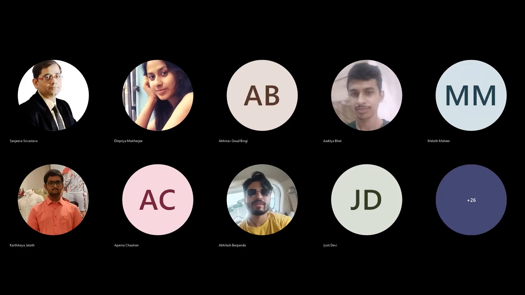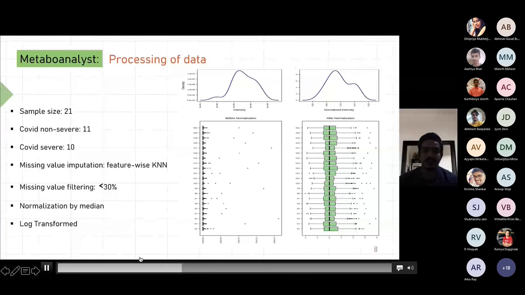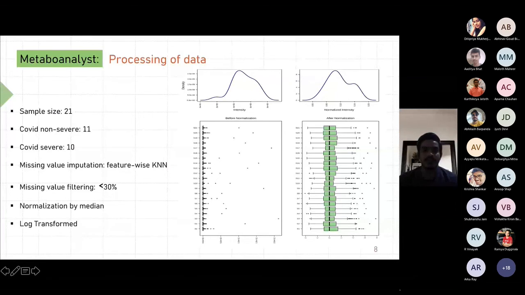Use sample imputation, with a sample size of 21, in which 11 are COVID non-severe and the remaining 10 are COVID severe patients. Then for this, we use sample imputation, that is feature-wise KNN, and filtering of the missing values, because if your data contains plenty of missing values, it can cause unavoidable error in your data.